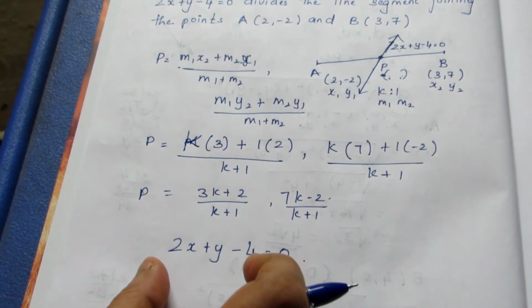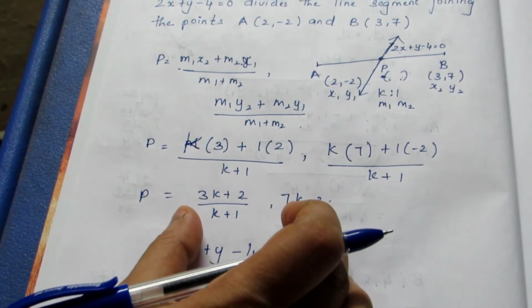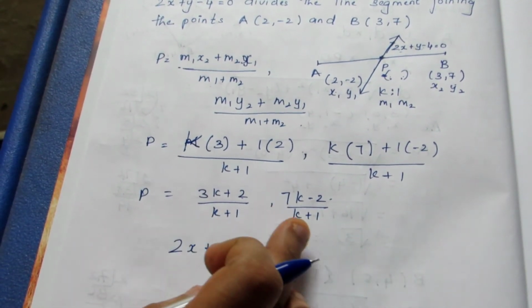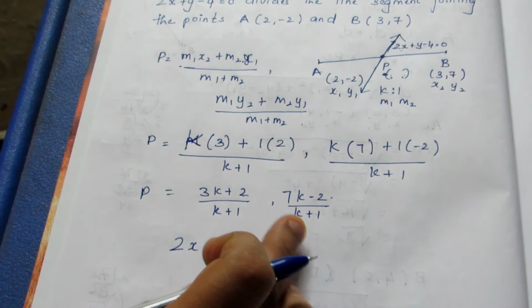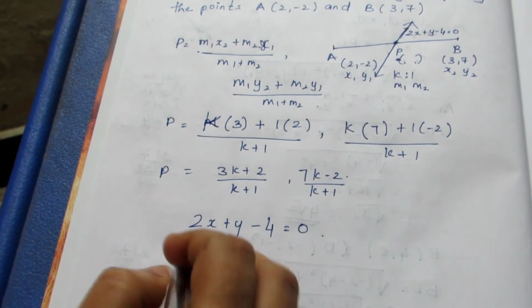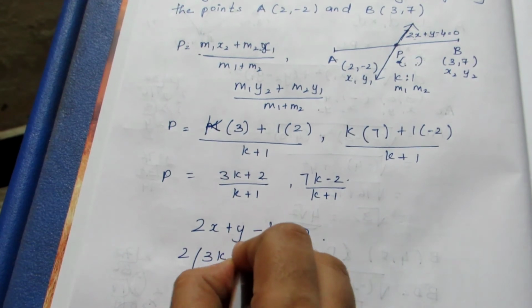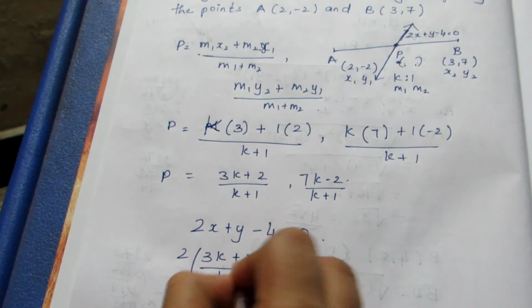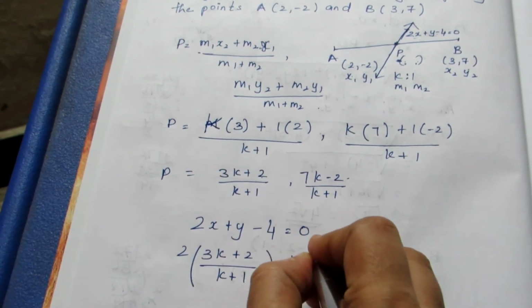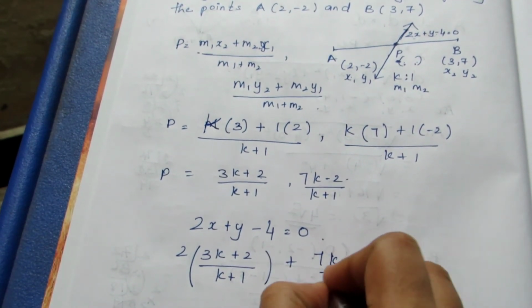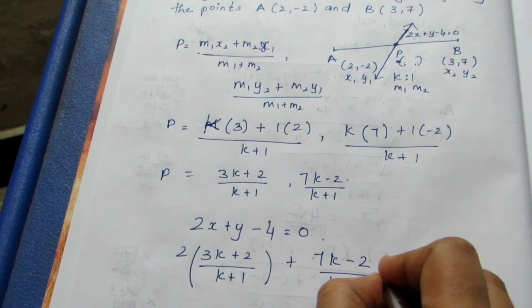We know these are the x and y values of the point, so substitute them here. Instead of x, the x value, that is 2 times (3k plus 2) by (k plus 1), plus y, the y value, (7k minus 2) by (k plus 1), minus 4 is equal to 0.